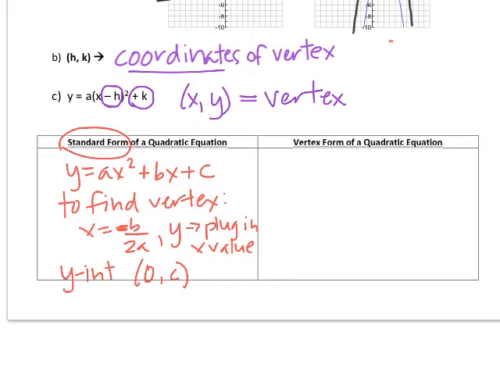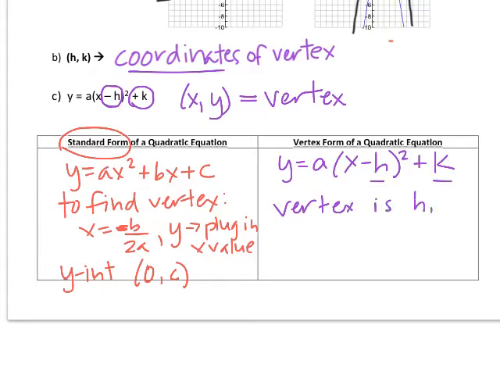So in this case, when we're looking at the vertex form, it's slightly different. Remember, the function looks a little bit different. We have in parentheses x minus h squared plus k. h and k are going to be our vertex. Simply, we just have to pull that information out and plot it on our graph.